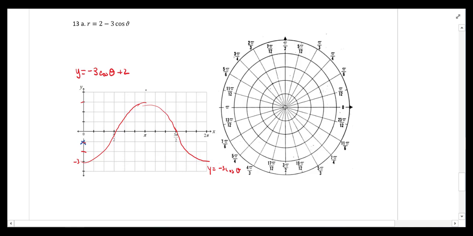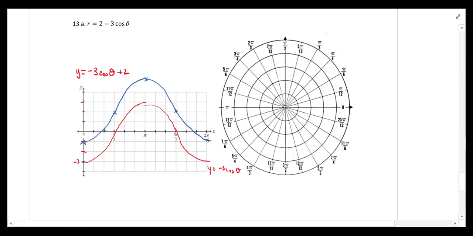And notice that now the value where it crosses the x-axis is a little bit different.